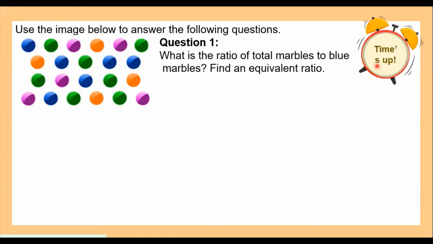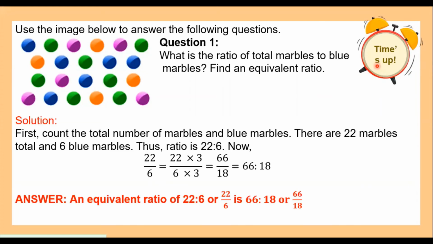Time's up. So the answer is 66 over 18. First, we need to count the total number of marbles and then the number of blue marbles. There are 22 marbles all in all and 6 blue marbles. Thus, the ratio that we have is 22 over 6.